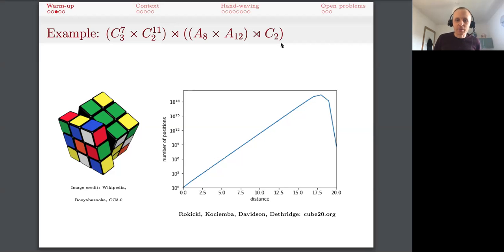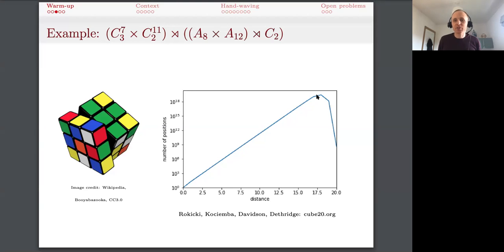Let me emphasize that this is a logarithmic scale on the y-axis. So this is basically perfect exponential growth until the very end, when you just sort of run out of space. And then in the last couple of steps, they fill up the rest of the group.